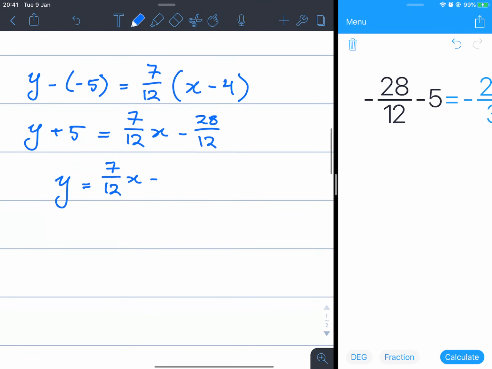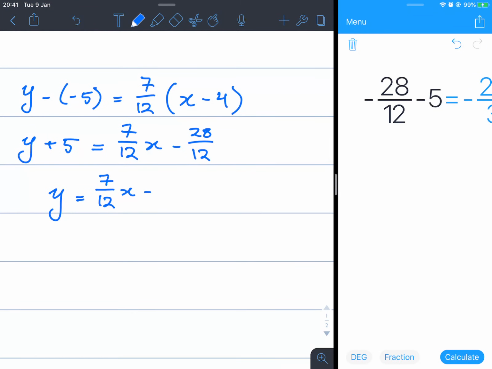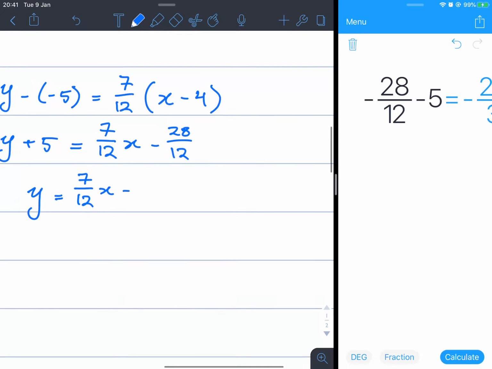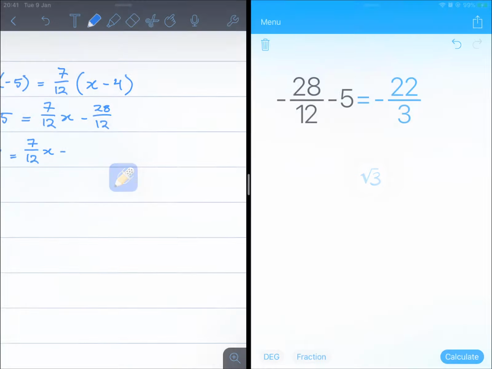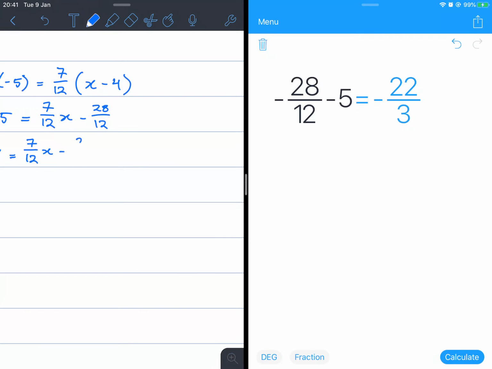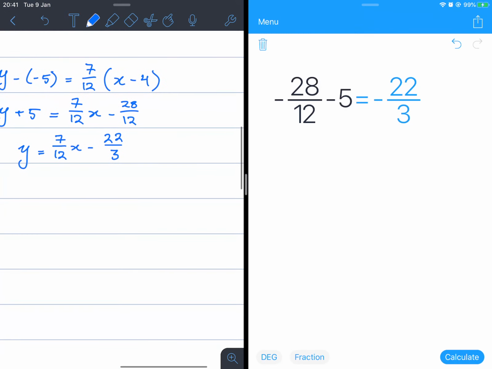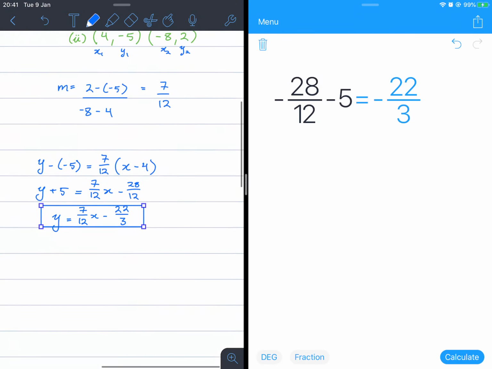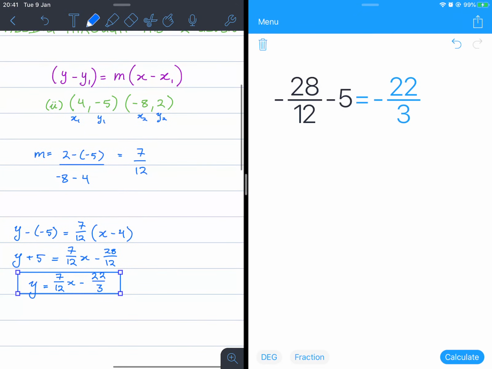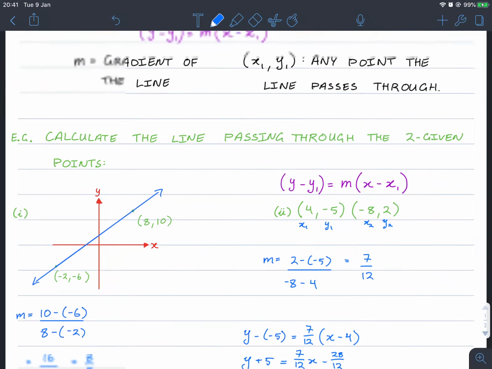In case you missed the reason why I'm minusing 5, this plus 5 I'm moving to the right hand side. So this will give us 28 on 12 minus 5, which is negative 22 on 3. And that is the equation of the line passing through the points 4, negative 5, and negative 8, 2.